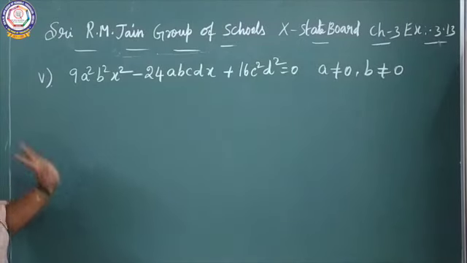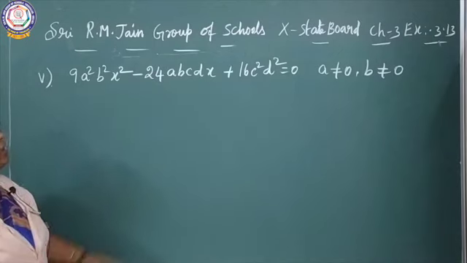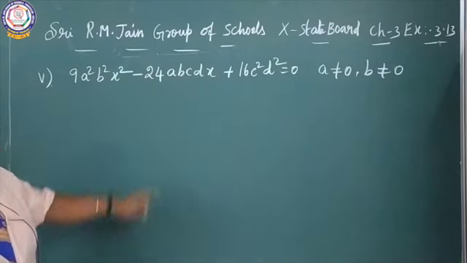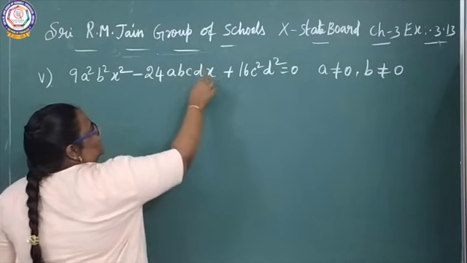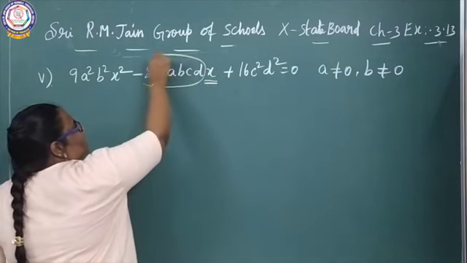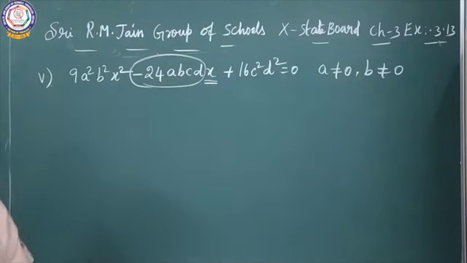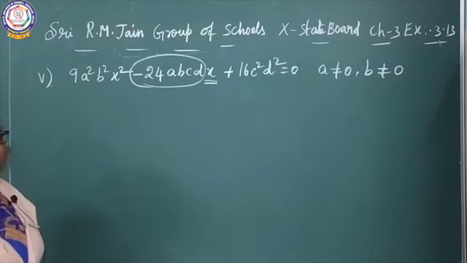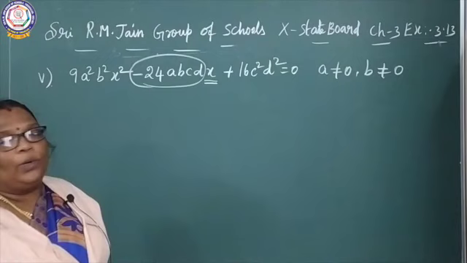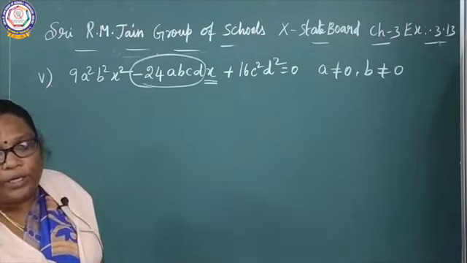See the fifth subdivision. 9a square b square x square minus 24 abcd x plus 16 c square d square equal to 0, where a is not equal to 0 and b is not equal to 0.